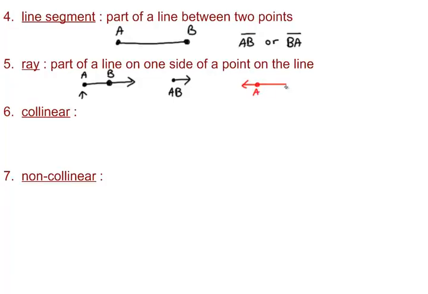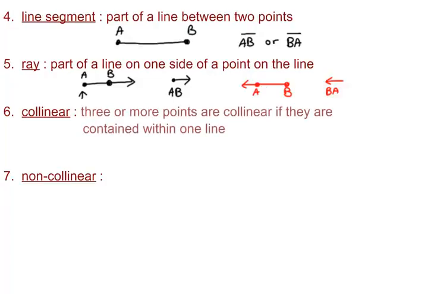I label this A. I label this B. Okay, B is my end point, so when I label my ray, I have to start with B. Always start with your end point because that tells us where it's starting. And the arrow doesn't matter which direction you go. I like to go the direction of the ray. It gives me a little bit more information when I label.